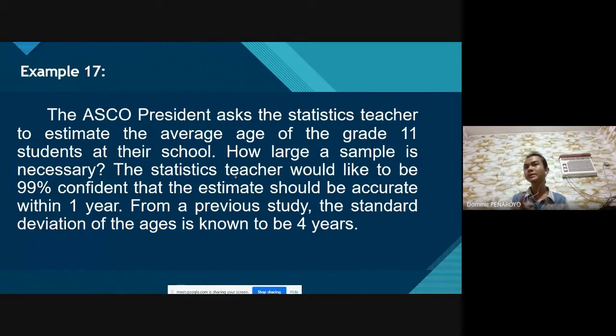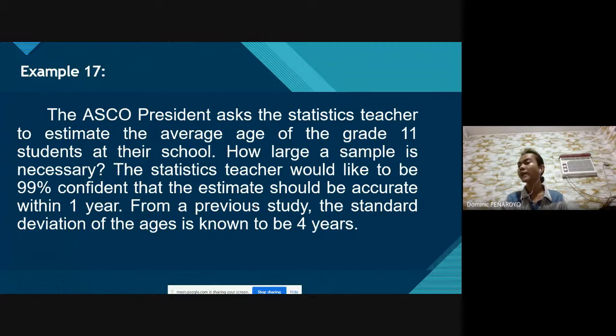So the first is the population standard deviation. We have here the known standard deviation that is 4 years. So alam natin dito is 4 years daw, 4 years yung ating population standard deviation. So that would be 4. Next is the Z alpha over 2. Dito, sa given natin, it's 99% confidence level, so the Z alpha over 2 for that is 2.575.